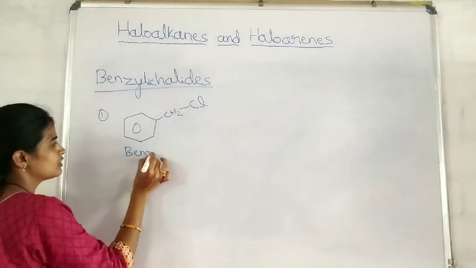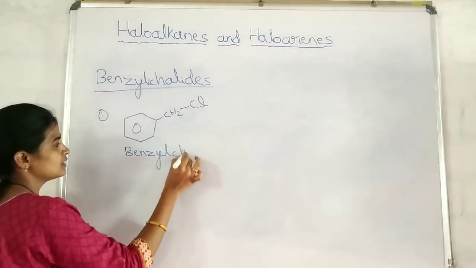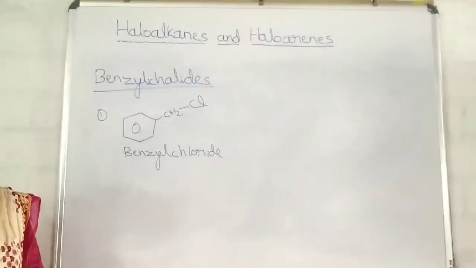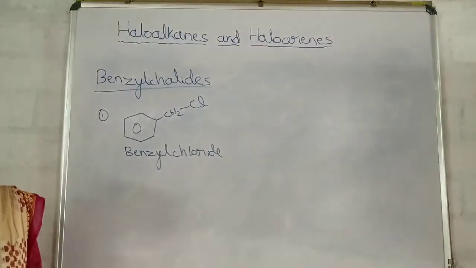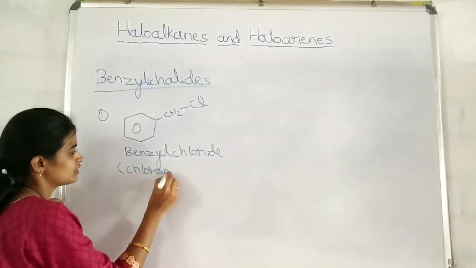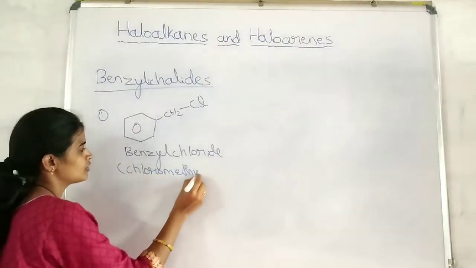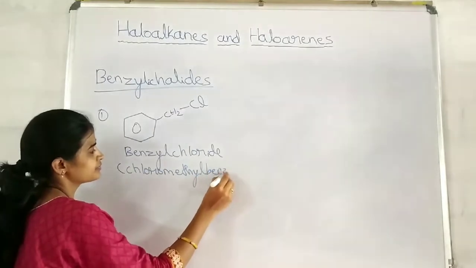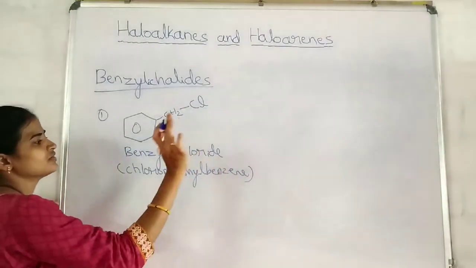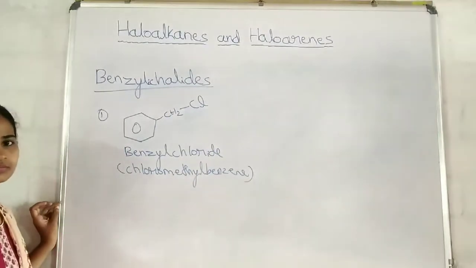Benzyl group. Therefore, benzyl chloride. The name of this one is benzyl chloride or chloromethyl benzene. Generally benzyl chloride.